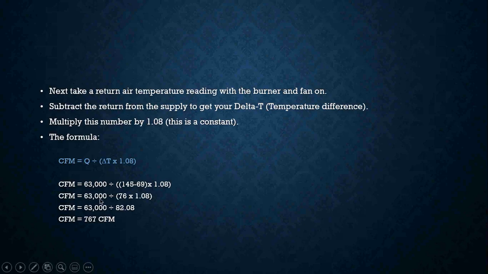So here we are. We have 63,000 divided by 76. Okay, 145 minus 69 is going to give you 76 times 1.08. 76 times 1.08 is going to give you 82.08. So 63,000 divided by 82.08, you need 767 CFMs of air.